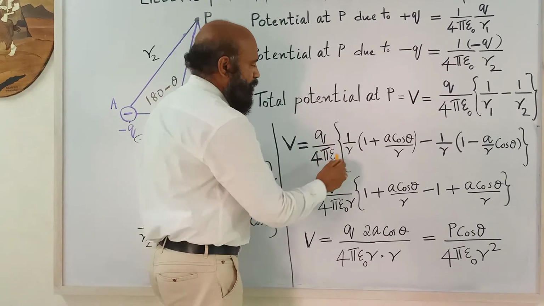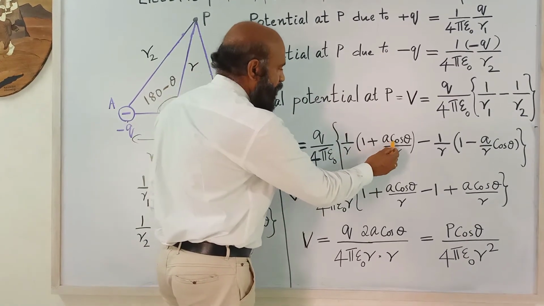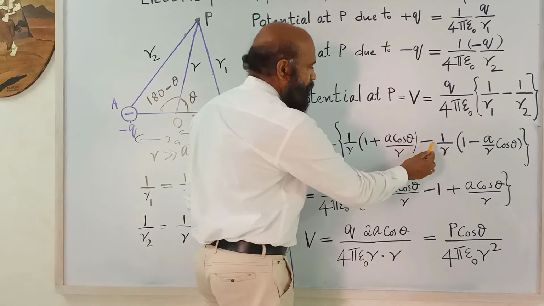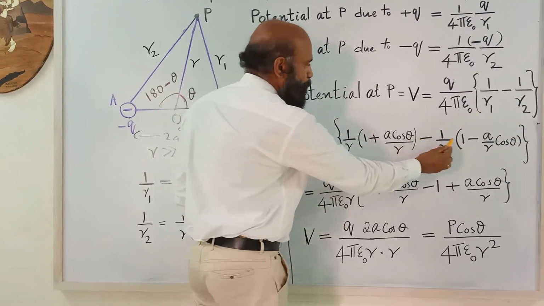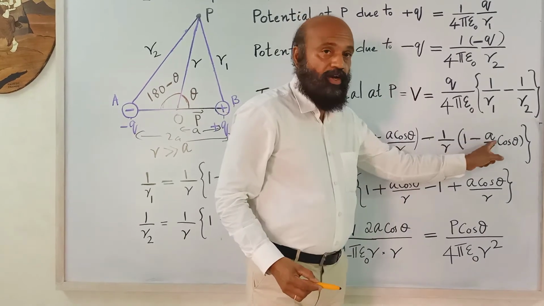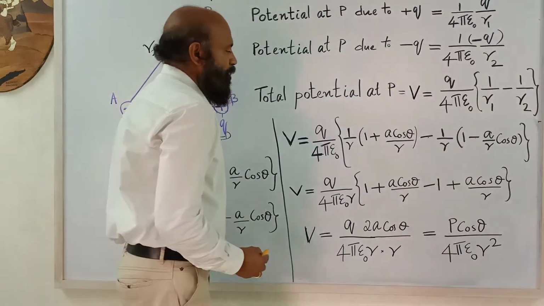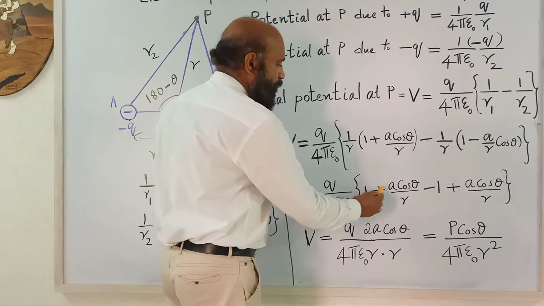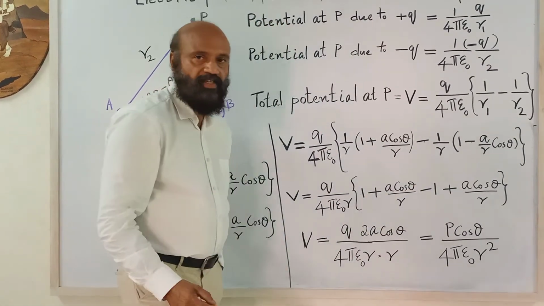After taking this outside, here there is 1 plus A cos theta by R, then this 1 by R is taken outside, so minus 1, minus into minus, this plus A cos theta by R. Now this plus 1 and this minus 1 will get cancelled.